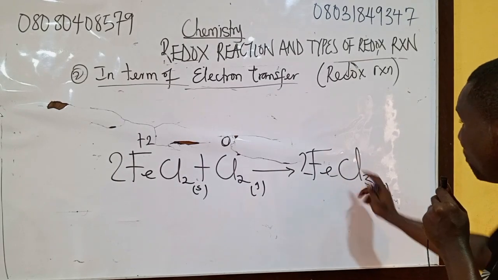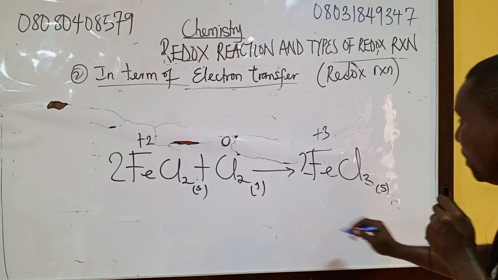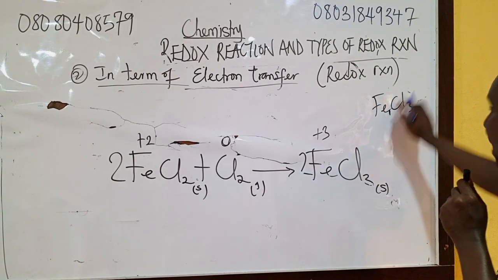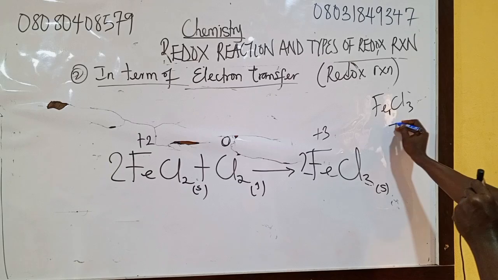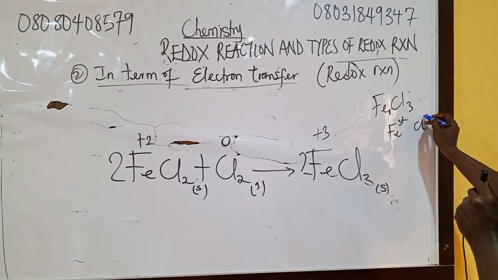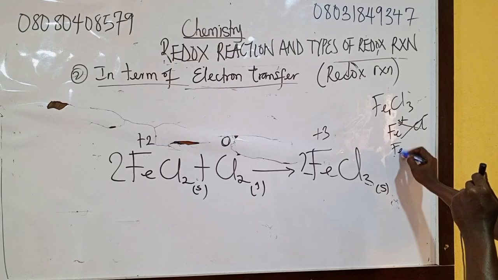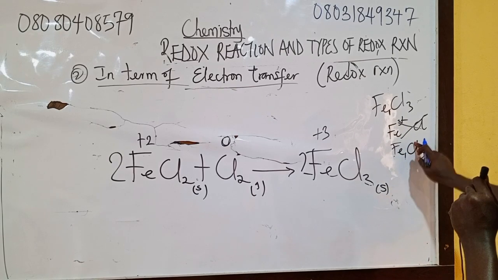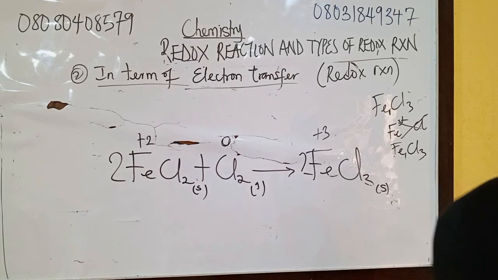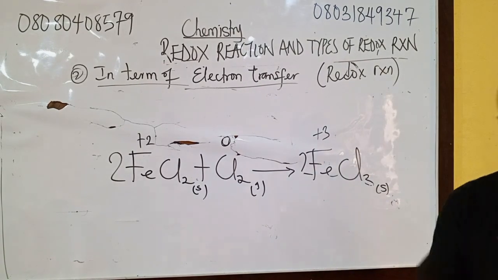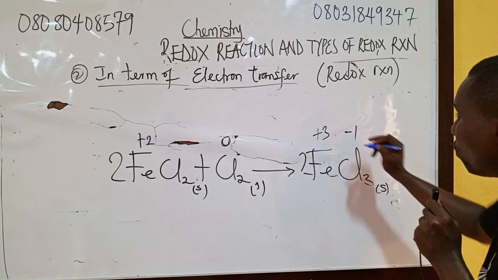The oxidation number of iron is +3. The owner of this one is chlorine, which is -1. Take note of that. That means the oxidation number of chlorine is -1.